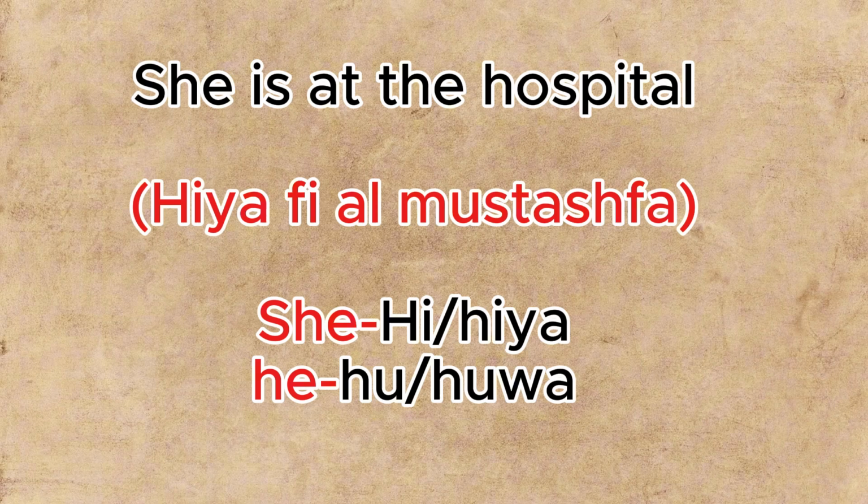There is something I've learned this past week. If you're talking about she in Arabic, it's he. If you're talking about he in Arabic, it's huwa. So note that down. She, he; he, huwa. That's what I learned in Arabic this past week.